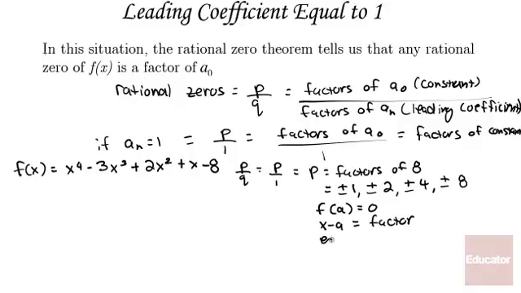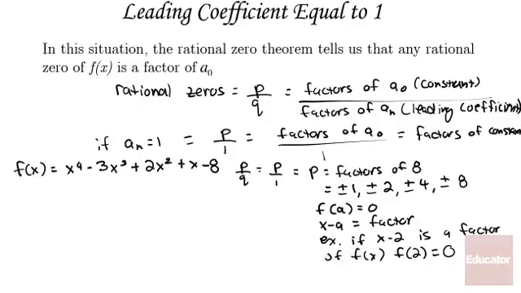So, for example, if x minus 2 is a factor of f of x, then f of 2 will equal 0.